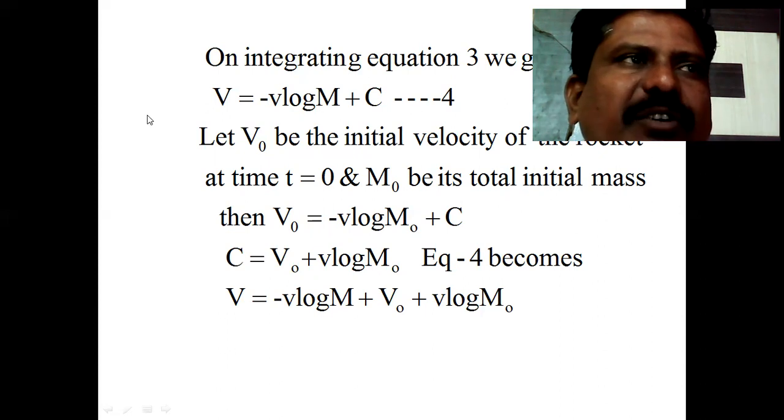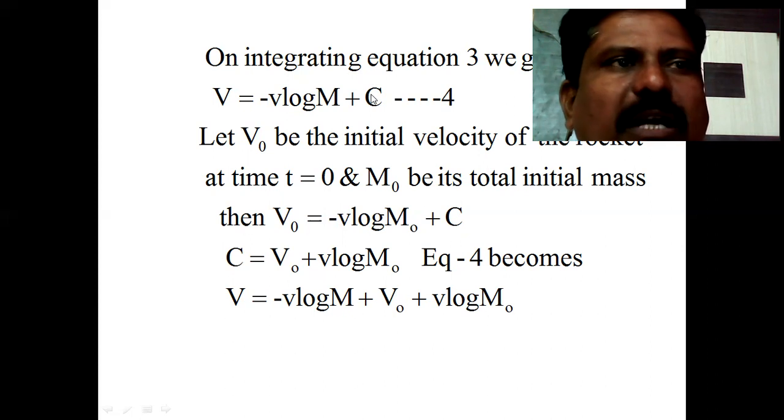Then your equation number 4 becomes v naught equals minus small v into log of m naught plus c. Therefore c equals v naught plus small v into log of m naught. So you insert this value in equation number 4.